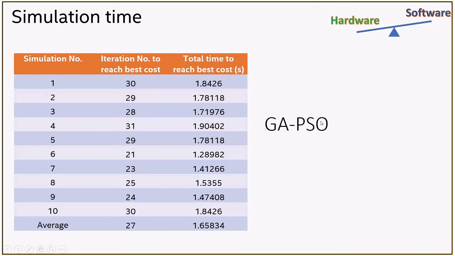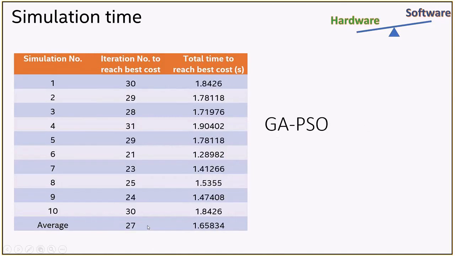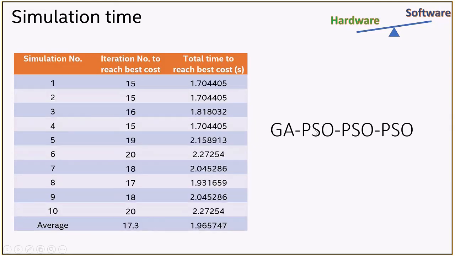If I cascade with genetic algorithm and particle swarm, the iterations reduced from 34 to 27. If I add one more PSO, particle swarm, it has reduced from 27 to 25. And finally, this is my proposal. If I add one more layer, it will reduce significantly.